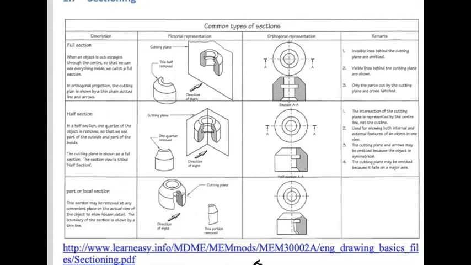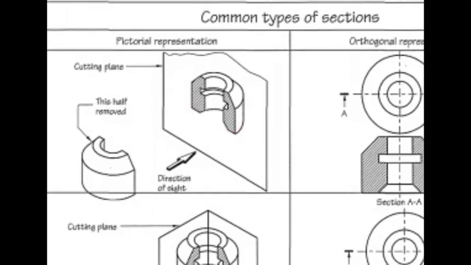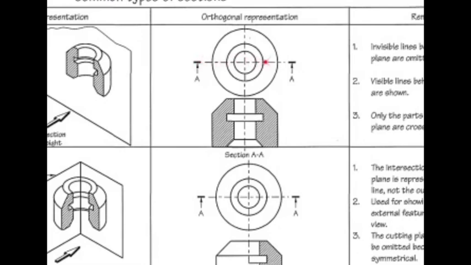A full section would be, for example, this object here, where you want to show the detail that exists inside the object. The way it works is you make an imaginary cut through the object, and then you show where you made that cut, in this case on plane AA, which is shown by putting those two arrowheads up against that chain dot line there.